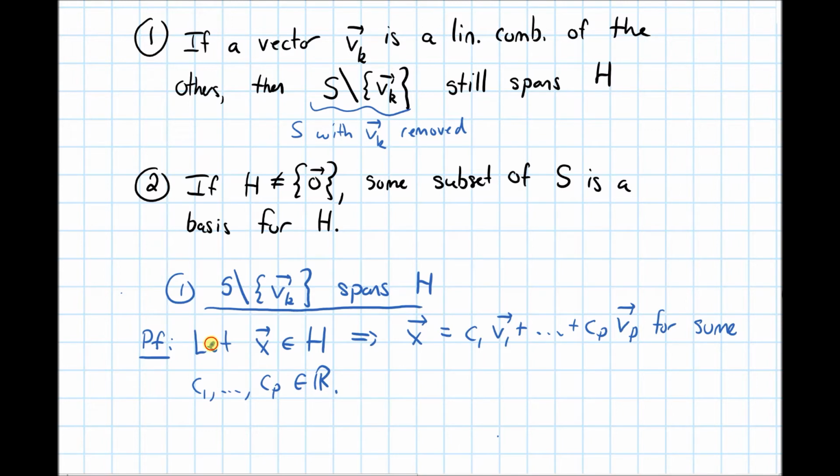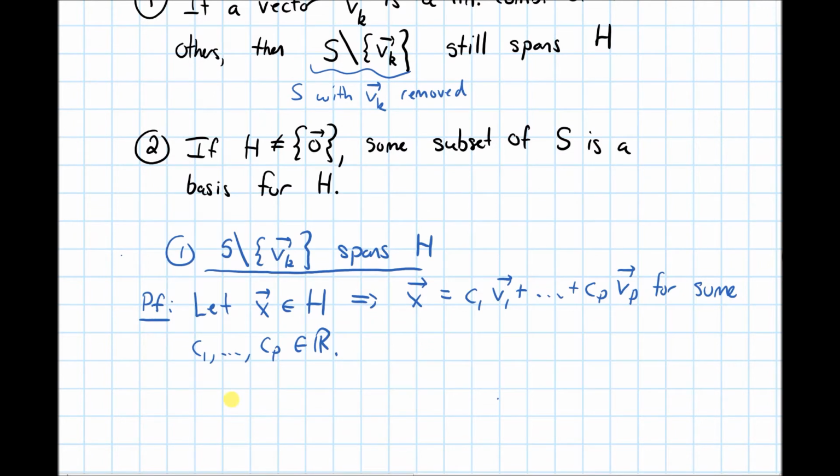What I want to show about X is that I can write X as a linear combination of the vectors v1 up until vp, but after I remove this vector vk, because that would show that removing vk from my set doesn't change the span. So what can I do now?